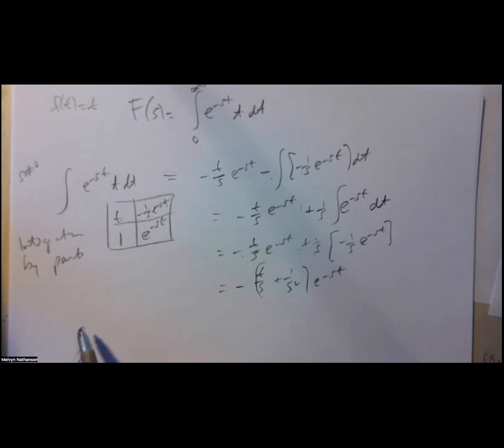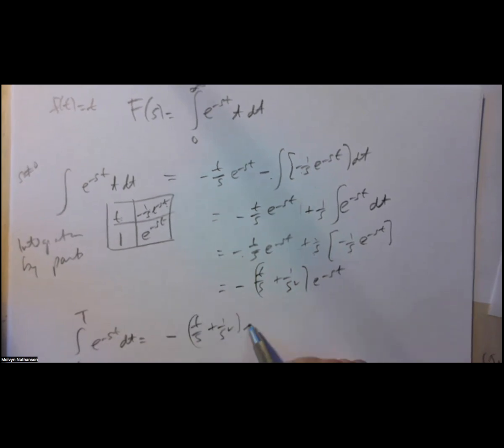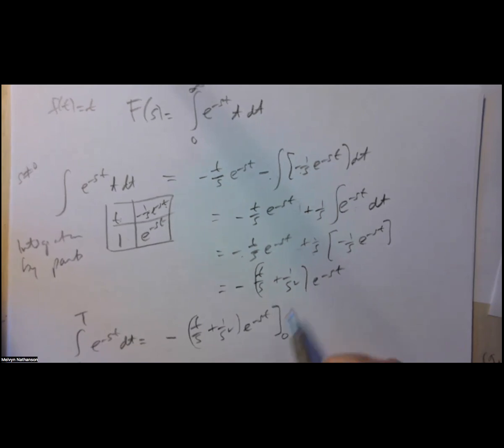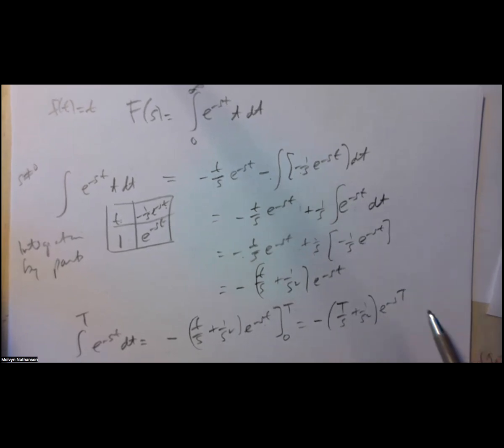So if I want to take the integral from 0 to capital T of t e to the minus st dt, that's equal to this, evaluated from 0 to capital T. When t is equal to capital T, I get minus T over s minus 1 over s squared, times e to the minus sT. And when t is 0, minus times minus is plus, I get plus 1 over s squared.